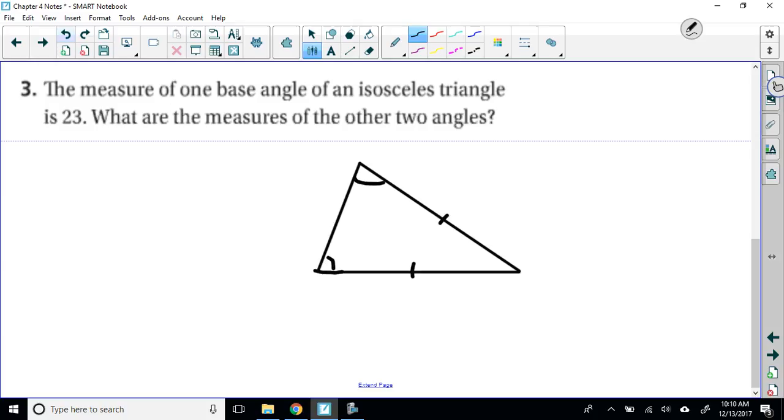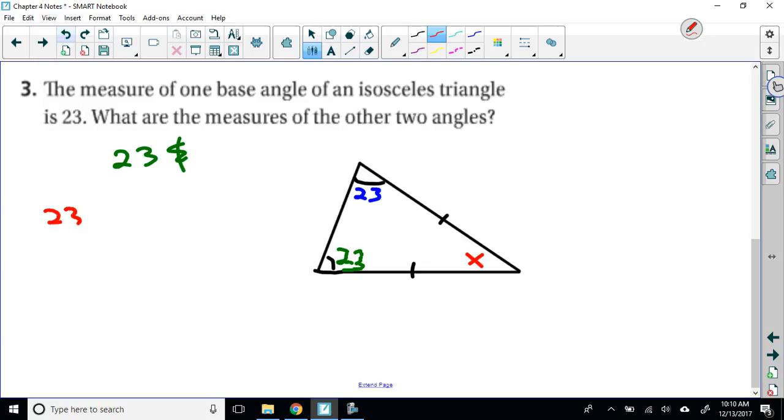So the measure of one base angle is 23. So I know this is 23. And they're telling me it's an isosceles. So I know that the other base angle is 23. All right. So it says, what are the measures of the other two angles? Well, 23 is one of them. 23, and we got to figure out the other one.